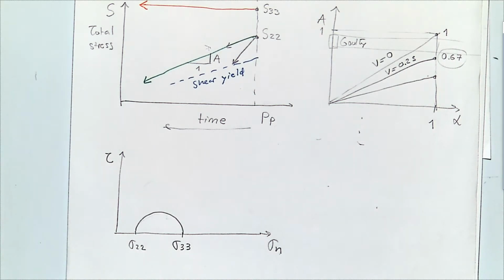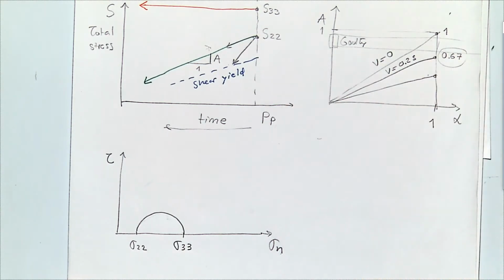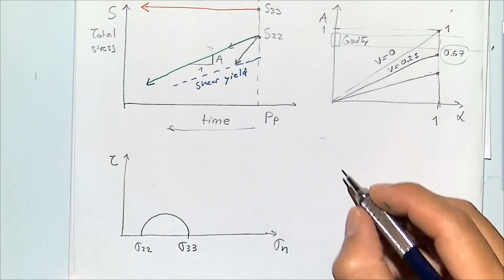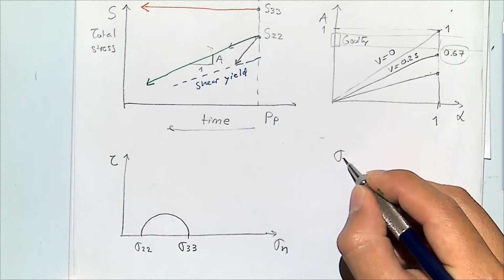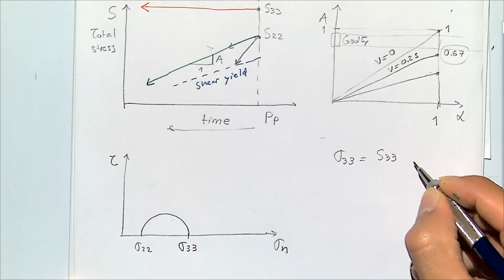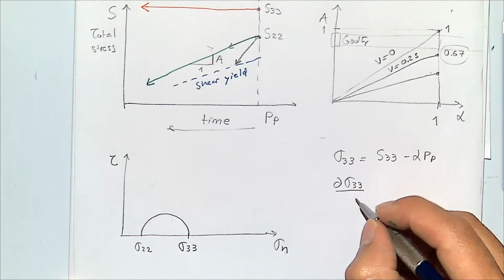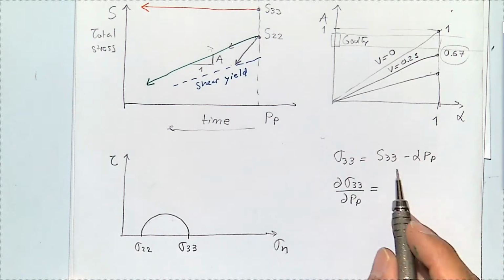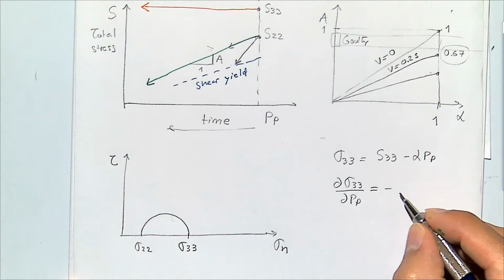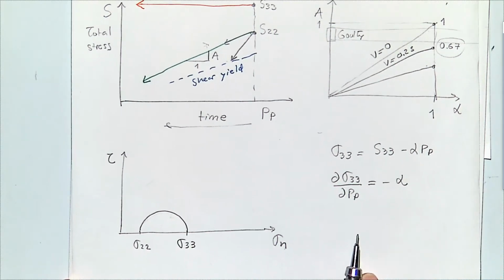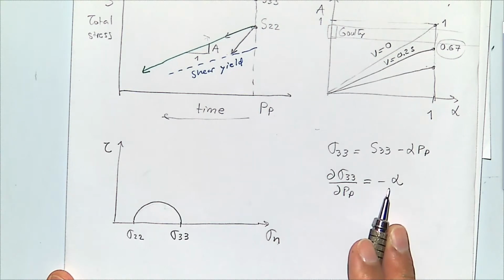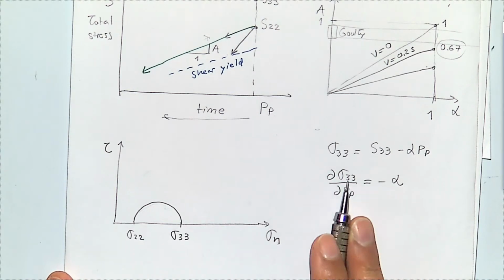As we deplete, the variation of vertical effective stress is going to be a function of pressure. Let's write this equation. So effective stress is S33 minus alpha pp. Therefore, the variation of vertical effective stress with pressure, given that this one is a constant, is just going to be alpha. So if I have a negative variation of pore pressure times a negative coefficient, that's going to be a positive number.